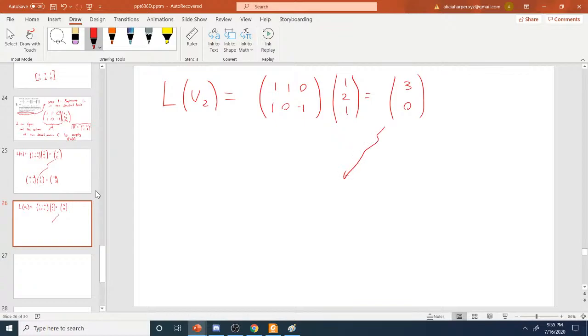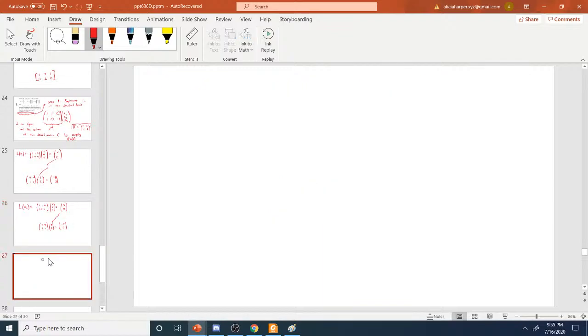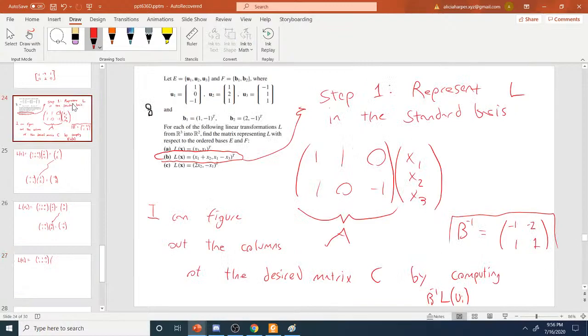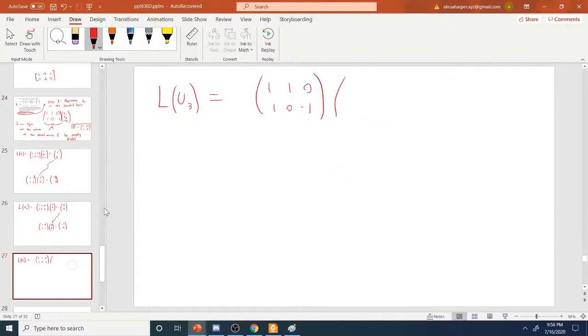So I take that and multiply it by the matrix B inverse, negative 1, negative 2, 1, 1. And this is just going to be negative 3, positive 3. And then finally I compute L of U3. So this will be 1, 1, 0, 1, 0, negative 1, times negative 1, 1.